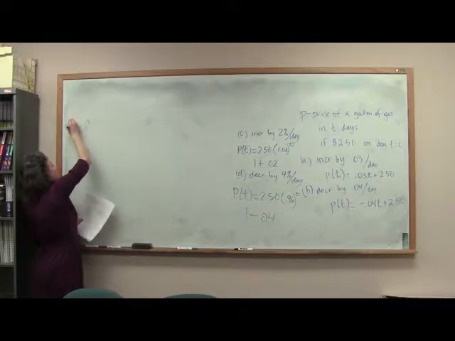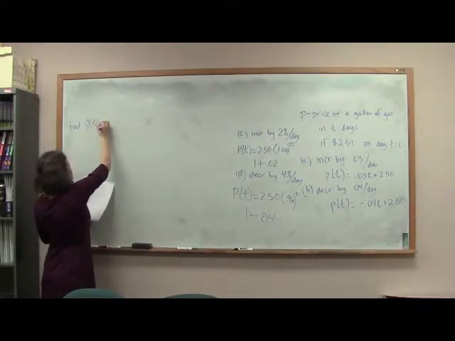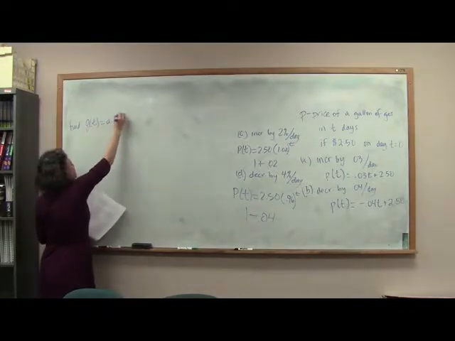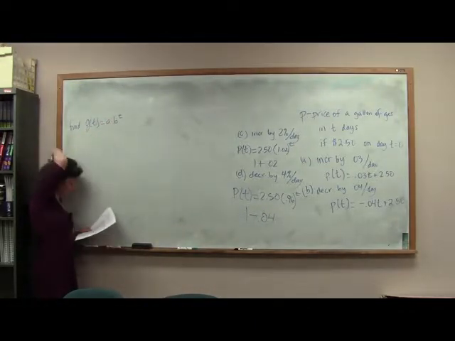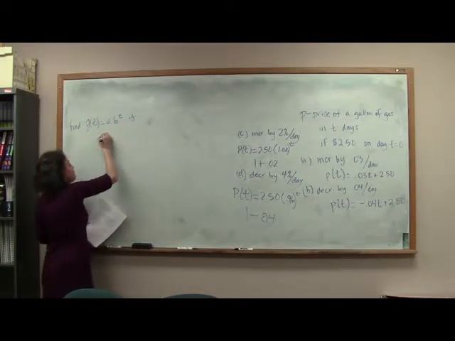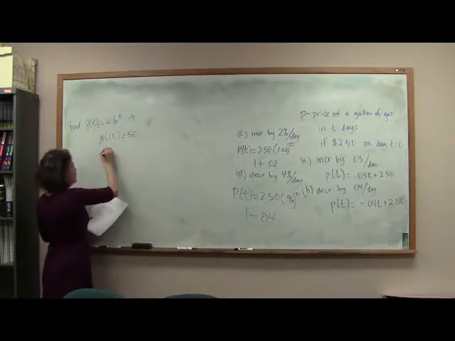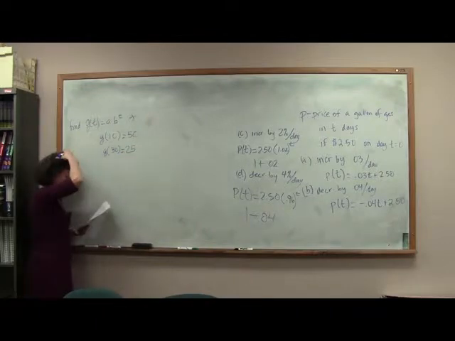Suppose I want us to find, say, g of t equals a times b to the t. In other words, I want to find the equation of my exponential function if I'm given that g of 10 is 50 and g of 30 is 25.